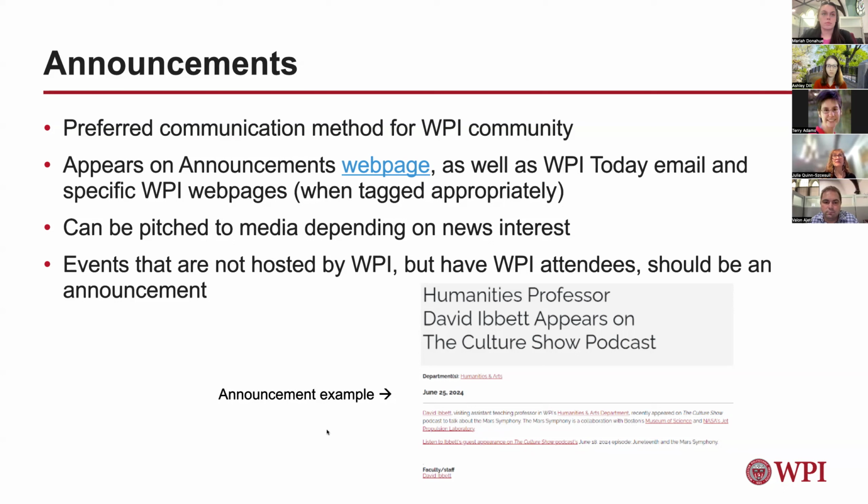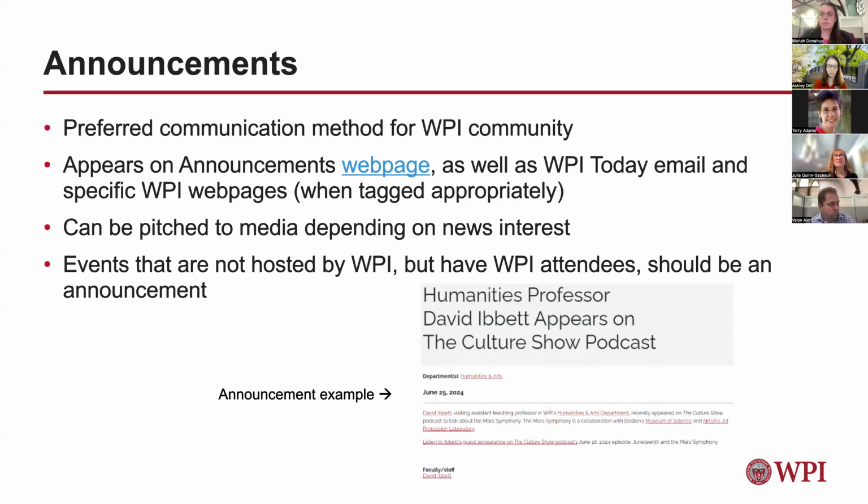So it's not something that is strictly limited to the WPI community. It can reach a much wider audience. Folks can use those links to put into newsletters, to put into emails, to help spread that news. So they're really an important source of information for the WPI community and beyond.